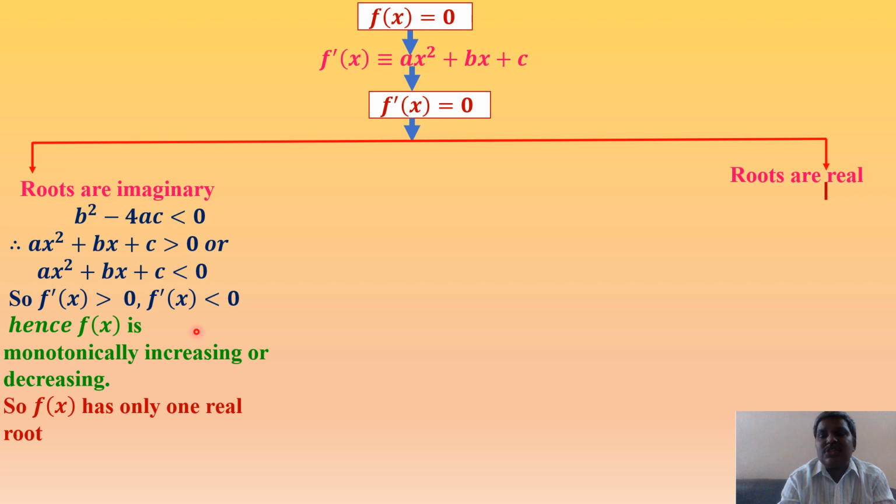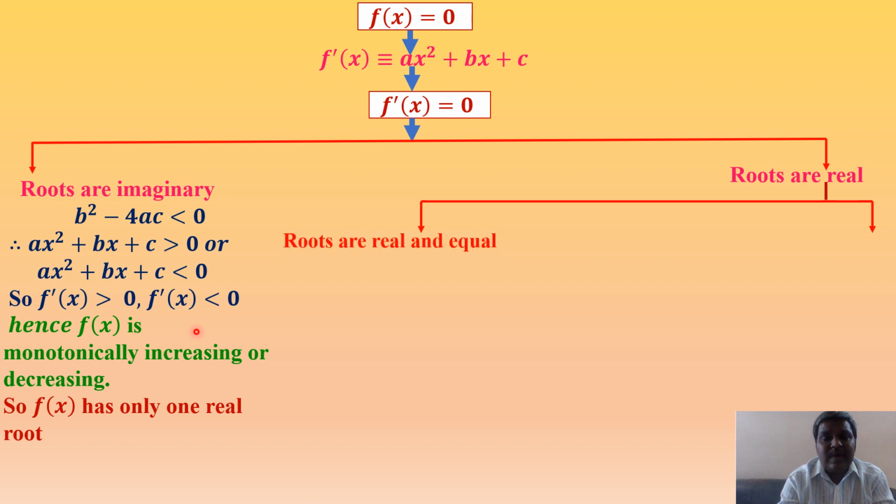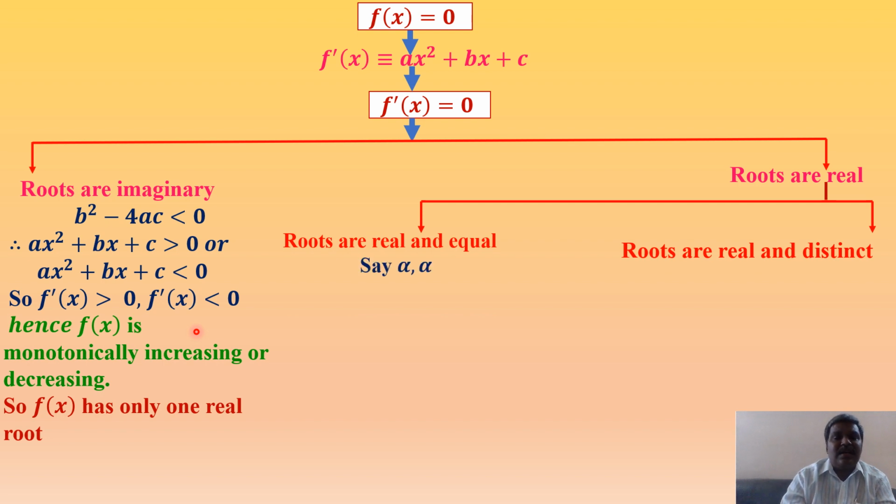Suppose your roots are real. Then it has two cases: roots are real and equal, or roots are real and distinct. Roots are real and equal means f dash x equal to 0 has two roots, real and equal, say alpha comma alpha. That means f dash x can be written as some p into x minus alpha whole square. Am I correct or not?